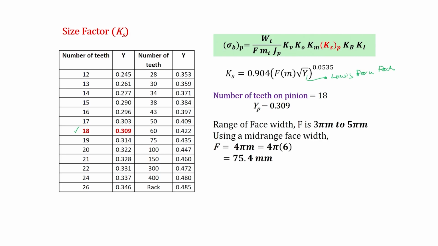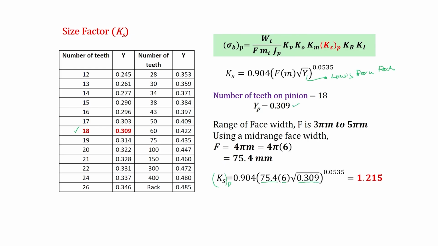The face width is taken as 75.4, and Ks for the case of pinion is 0.904, the face width, then the module, then the y for the case of pinion.